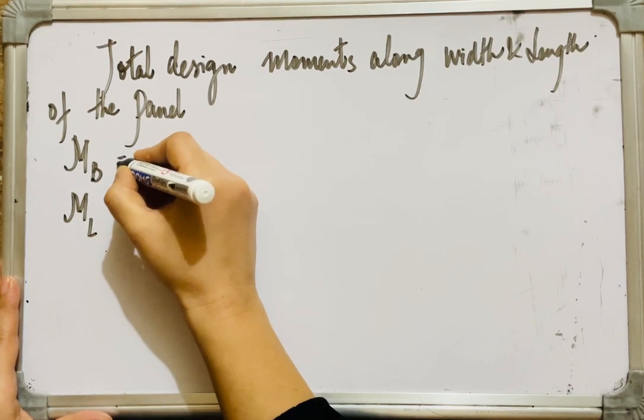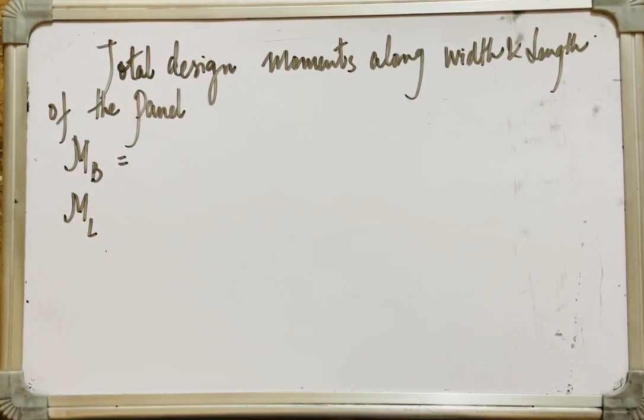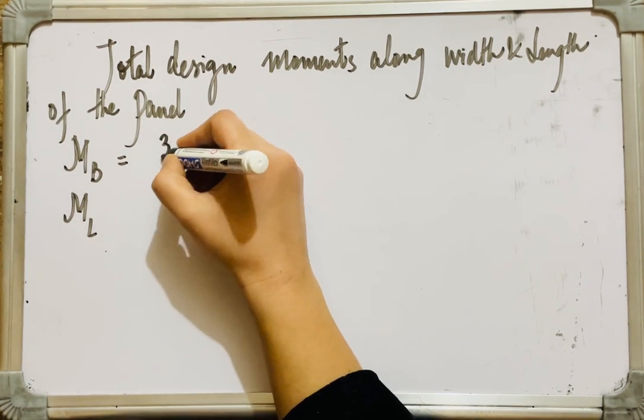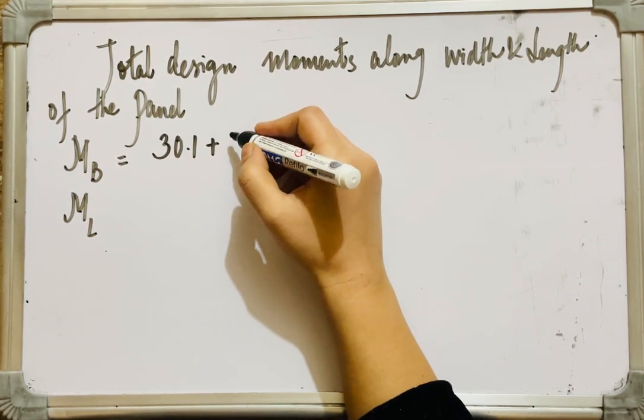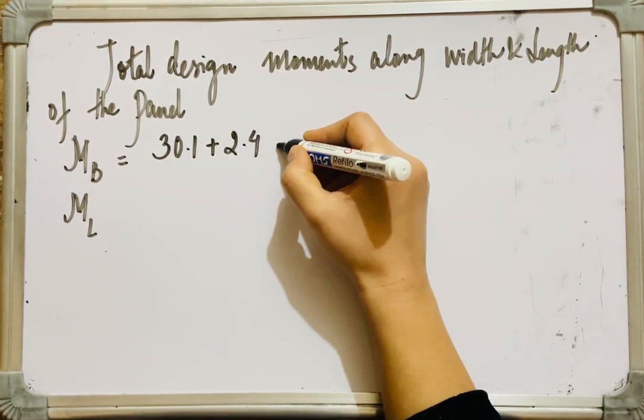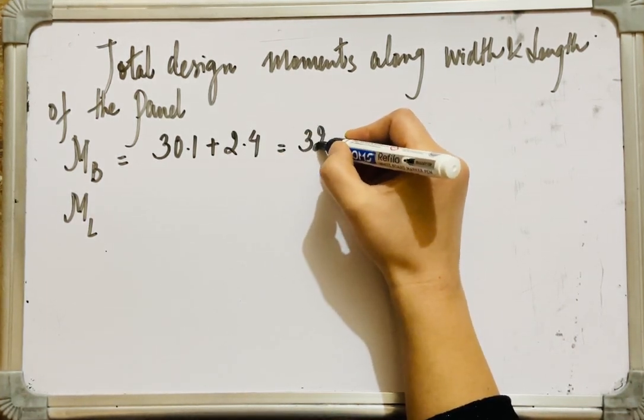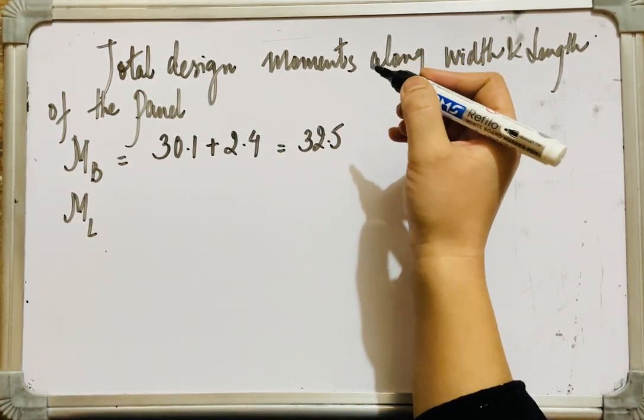All right. This is the summation of the bending moment along the shorter span, first due to live load and then due to dead load. From live load what had come? 30.1 and from dead load 2.4. So it is 32.5 kilonewton meter.